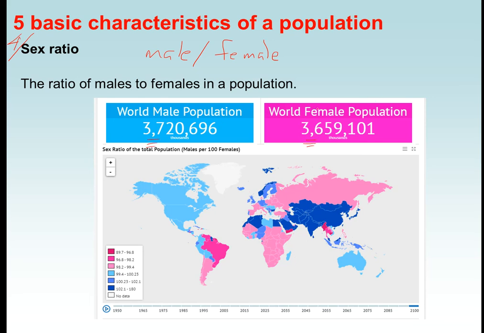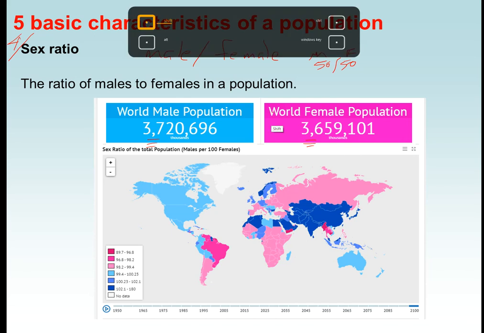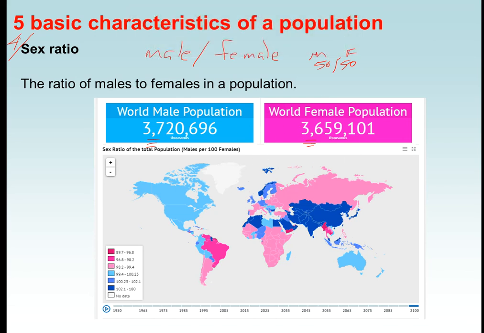In our species, generally speaking, if we allow nature to run its course, you'll have essentially a 50-50 distribution of males to females. You'll have roughly the same number of male births as female births. But you'll notice that that's not necessarily how things are distributed.